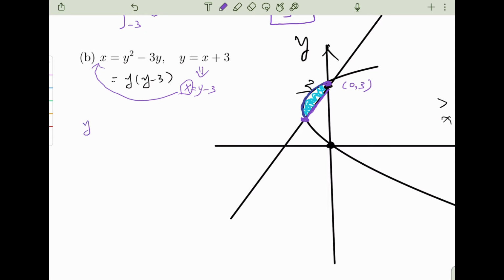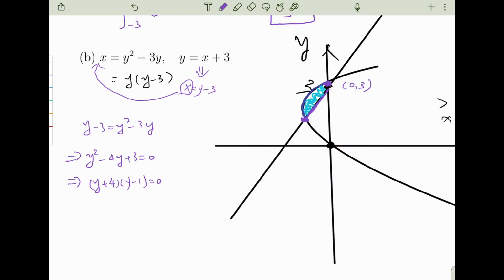So we have y minus 3 equal to y squared minus 3y, which gives us that y squared minus 4y plus 3 equals 0. And it tells us that (y minus 3)(y minus 1) equals 0.